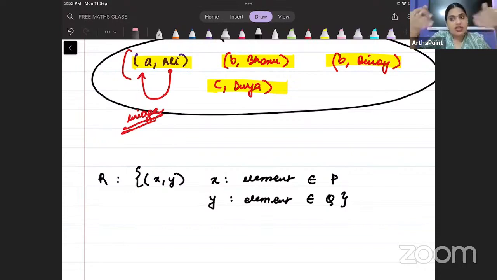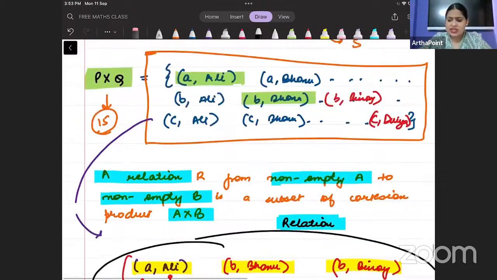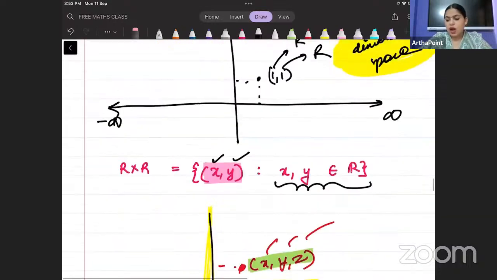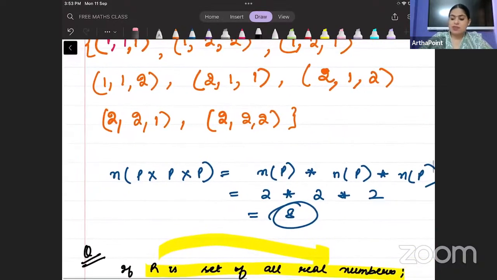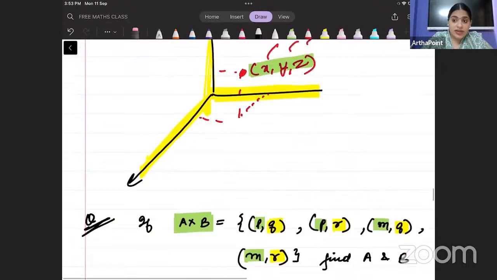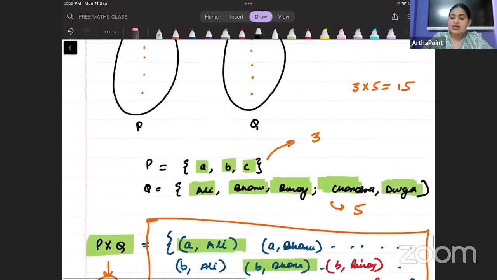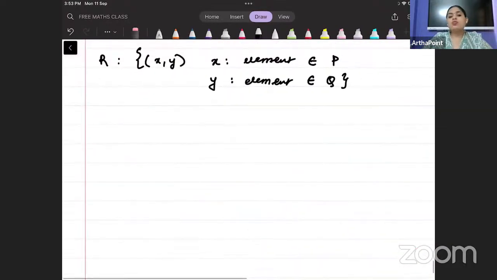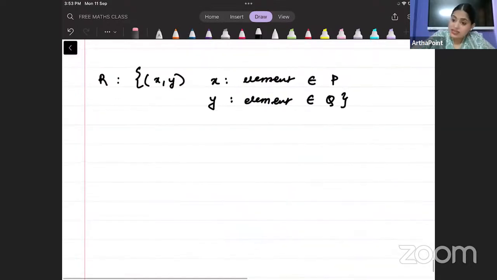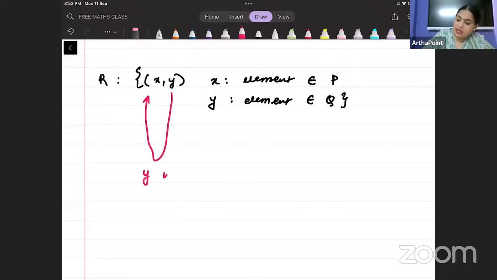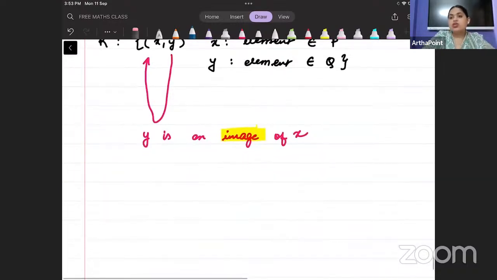When I take a subset of the Cartesian product, which we did in the last class, we know how to create a Cartesian product. Yes, ma'am. So out of that Cartesian product, if I take a subset, that can also be called a relation. In this relation, I can say that y is an image of x. I hope this is clear to you.